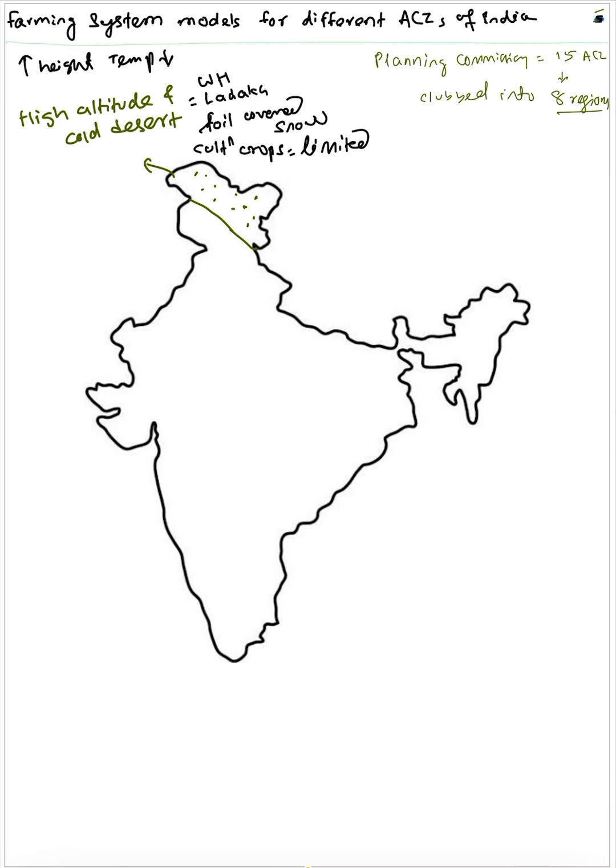Because crop cultivation is very limited, we majorly suggest either forest crops or pastures. Pastures means fodder grasses. With respect to animals, we can suggest rabbit, goat, or yak.